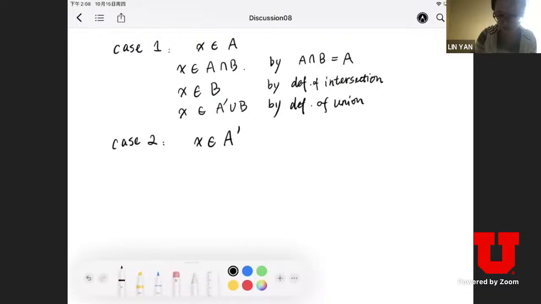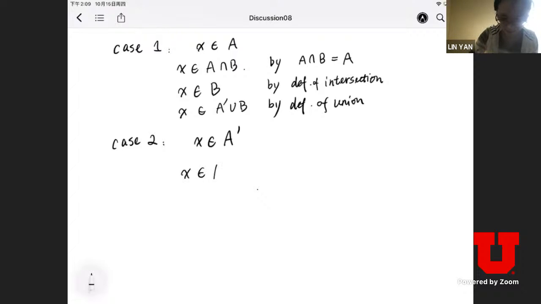So we proved in the first case that if X is an element of A, then X is an element of A complement union B. But if we want to prove that the universal set is a subset of A complement union B, we still need to prove the second case. So when X is an element of A complement, then X is an element of A complement union B. This is by the definition of union.